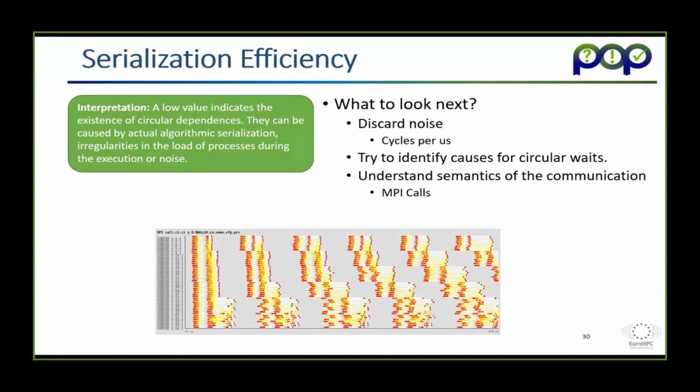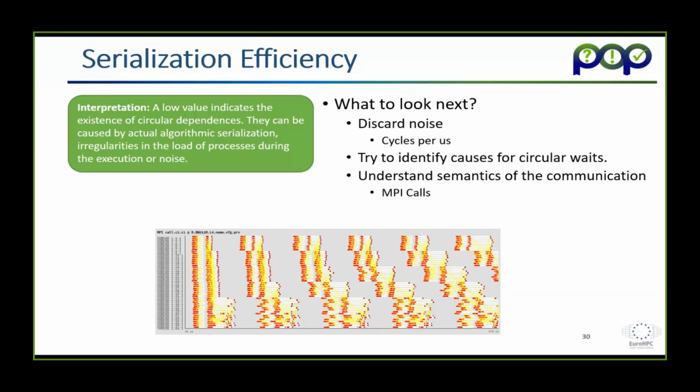So what to look at next? We need to discard noise. Sometimes there's noise in the system, noise in the traces, and we need to discard it because noise usually has an impact on serialization. We try to identify if there are circular waits, as I was saying, where one process is waiting for another and this one is waiting for another, and you really have a serialization.